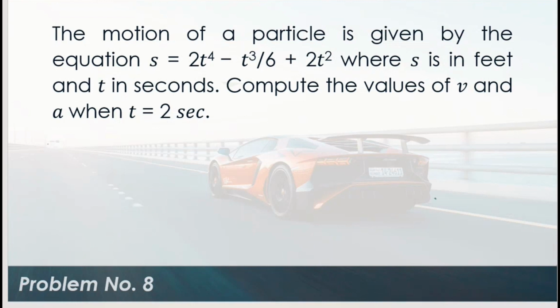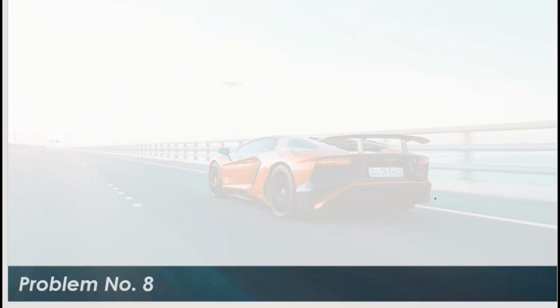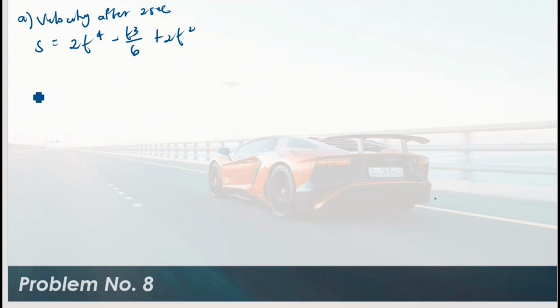Okay, so first we are asked to compute the velocity after 2 seconds. Given the equation s equals 2t to the 4th minus t cubed over 6 plus 2t squared, we know that the velocity is the derivative of displacement with respect to time, from cases 1 to 3 or in case 4.